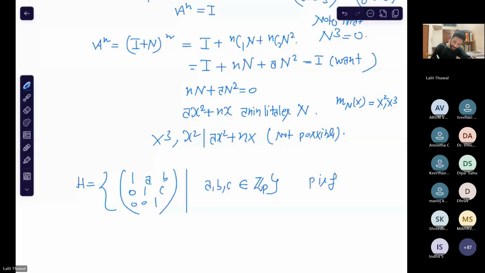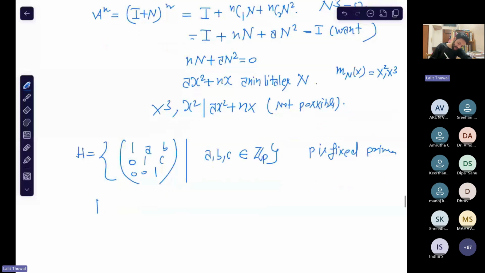What is the cardinality of this group in this case? It's very easy. Count it and let me know. P cube.